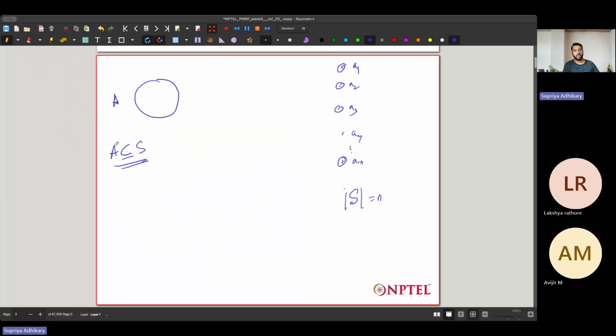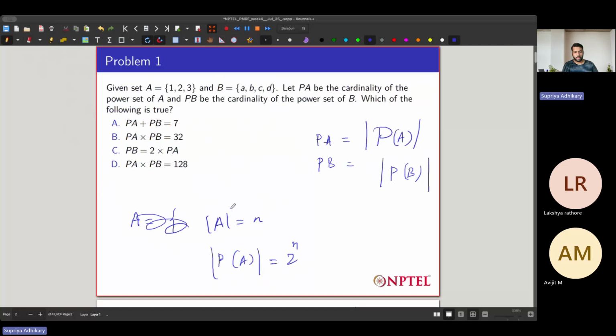The total possible number of sets A is 2 times 2 times 2, n times, which is 2 to the power n. Each element gives two choices, and we multiply all those values to get 2 to the n. So if the cardinality of a finite set is n, the power set has cardinality 2 to the n.